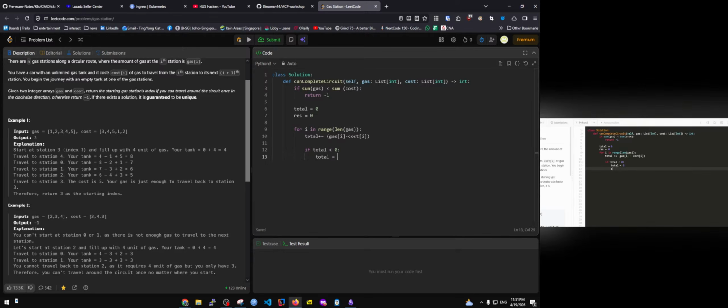And what are we going to set the starting position to? Since the current starting position, which initially was 0, didn't work, we're going to set it to the next position. But we know for sure that for at least one starting position this algorithm will work, because we're guaranteed that this if statement did not execute.